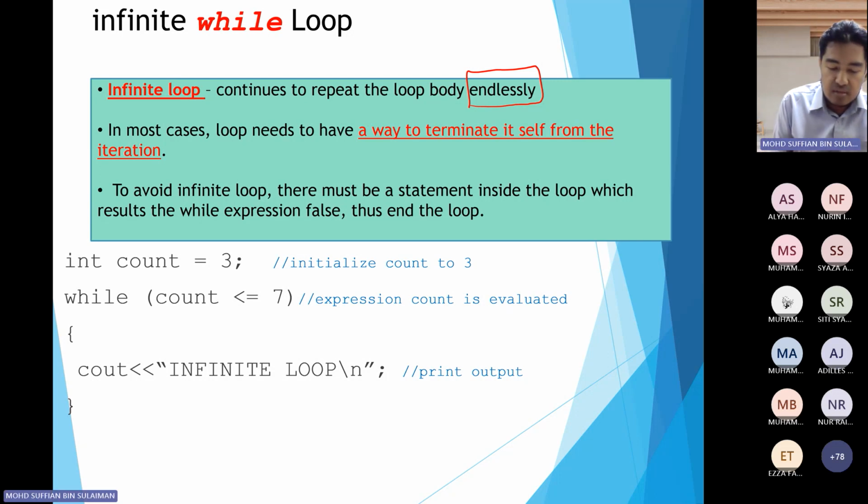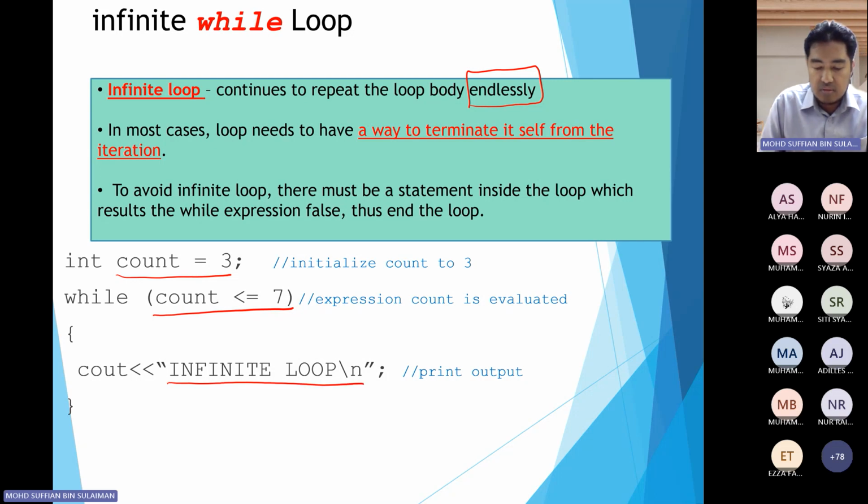For example, in this case, we have the initialization, count is 3. We start with 3, and then we have the condition: continue while less than or equal to 7. But we only have the statement cout infinite loop, without the update. So in this case, there is no update.